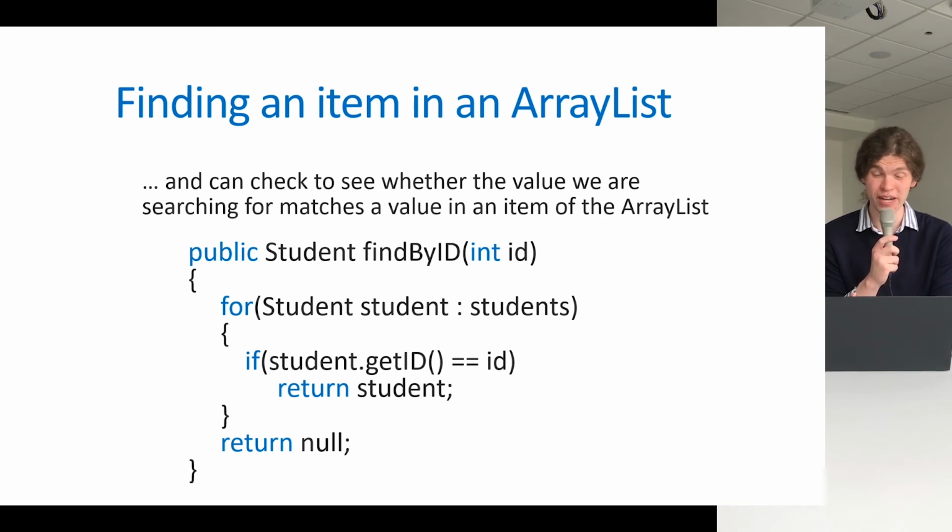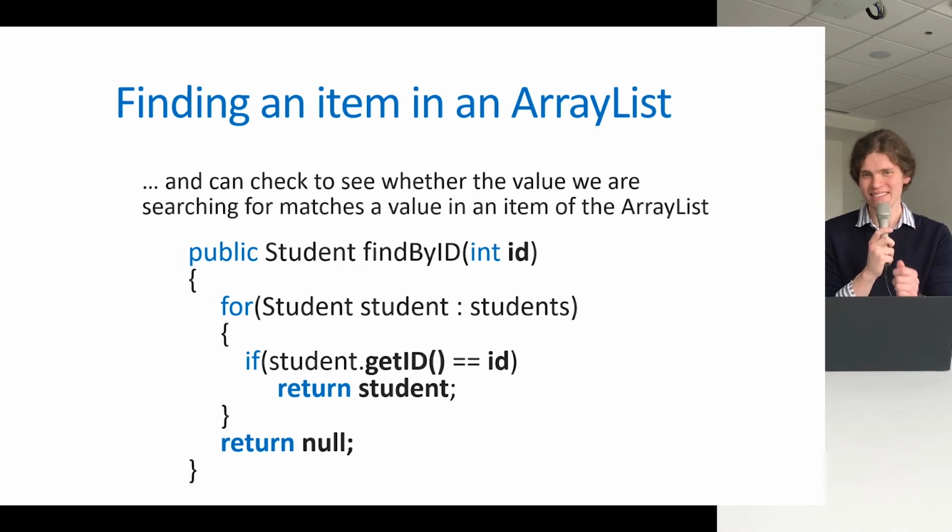So find a student object by their ID. If I pass in an ID that I'm looking for, I can then call the getID method on each of the students within the array and check to see whether the value returned from that specific student object matches with the one that I'm looking for.